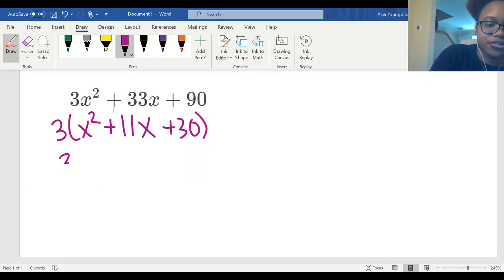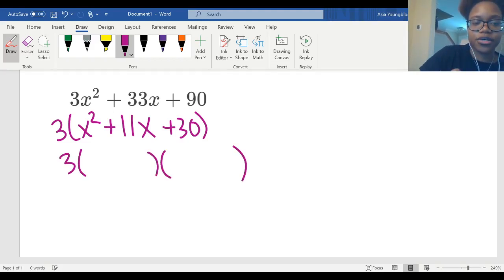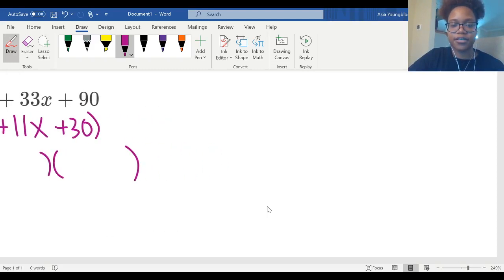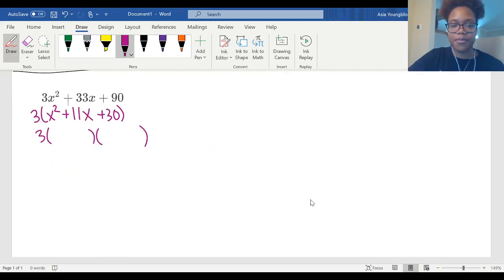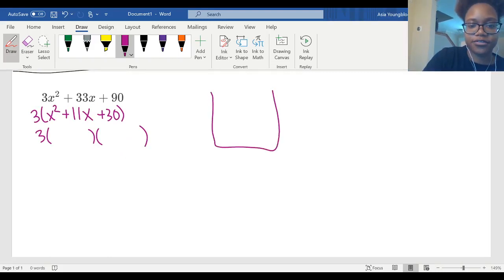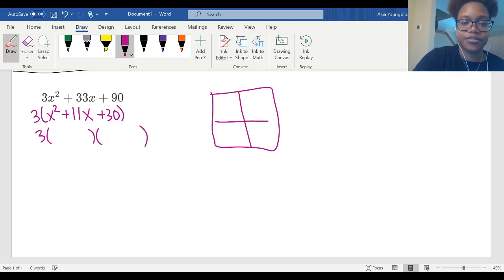So now we just need to figure out what was multiplied to get that x squared plus 11x plus 30. Let's draw our box. Make sure we leave ourselves some room to look at the factors and do our next problem. In the upper left square, we're going to have this 1x squared. In the bottom right, we're going to have this 30.